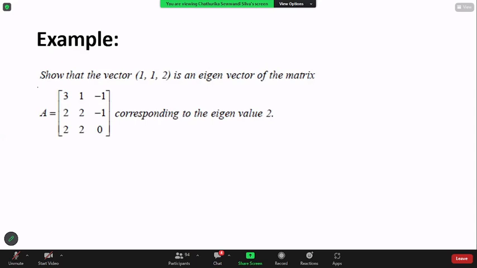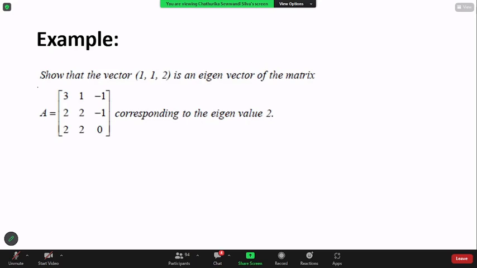Then there should be 3 lambda values as the eigenvalues. We don't know about the other two, but they are saying that out of those 3 lambda values, one lambda value is equal to 2.